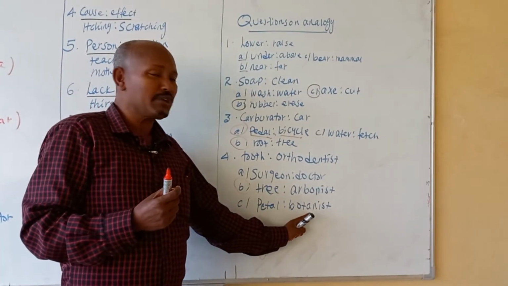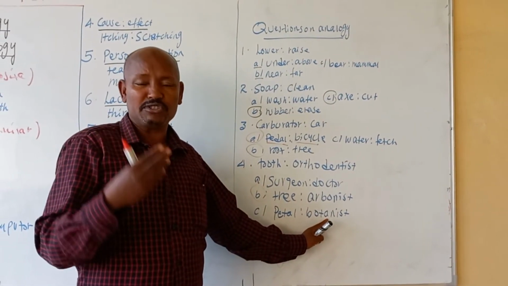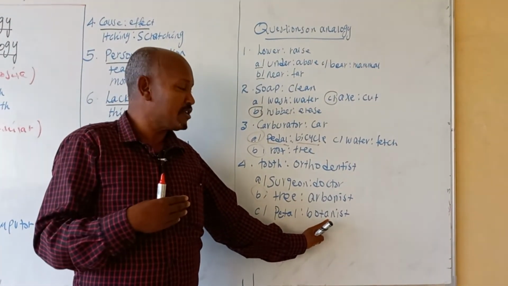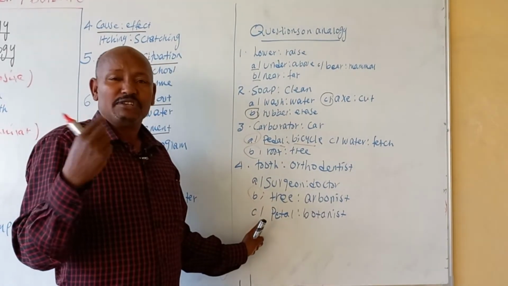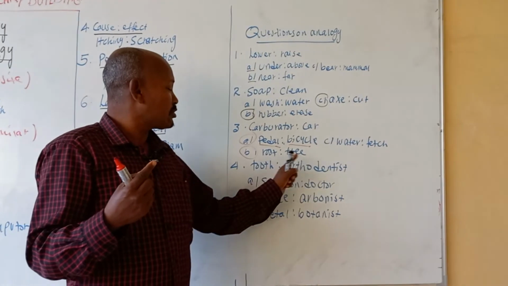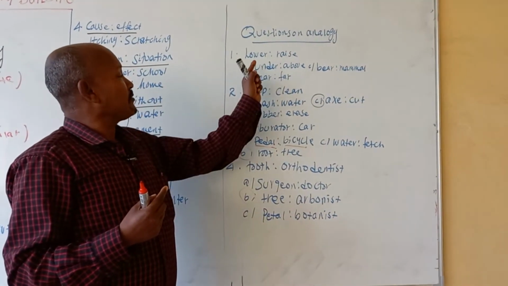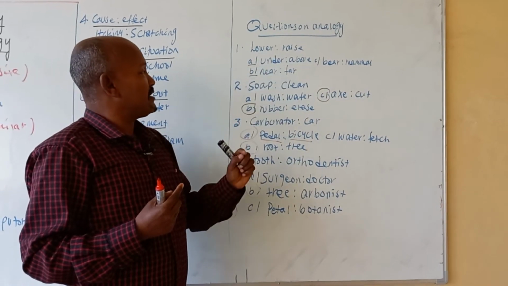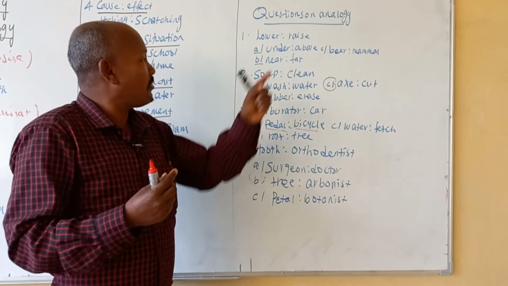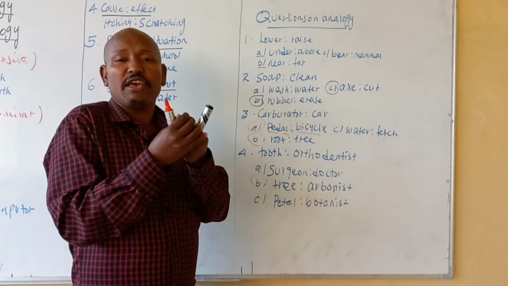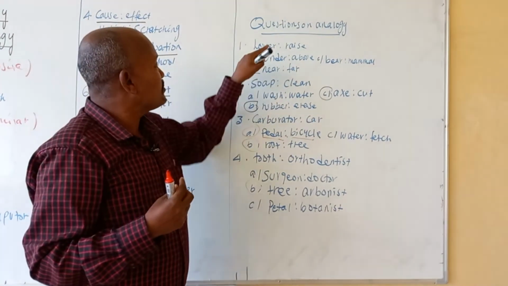Petal and botanist. No, a botanist is someone who studies plants, which is general. It is the same function as the first A. Both A and C have a different relation from tooth and orthodontist or tree and arborist. Anyway, with this kind of question, you just need to understand how these two words are related, how they correspond or correlate.